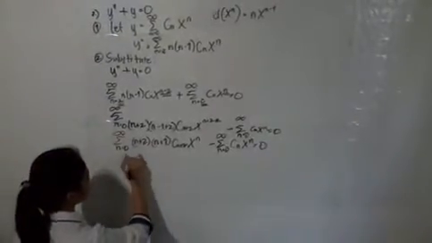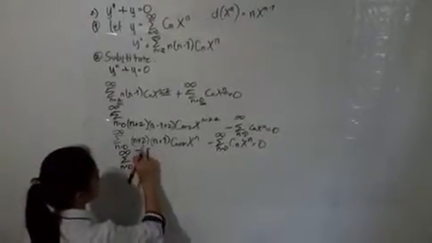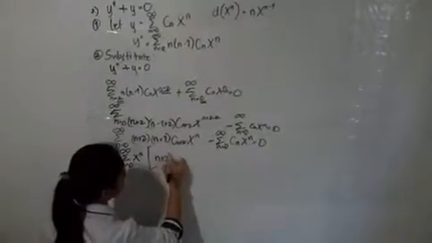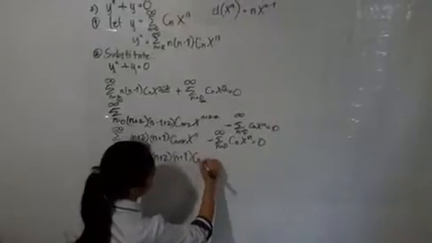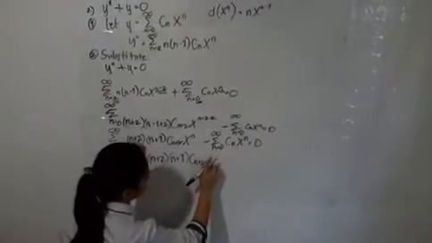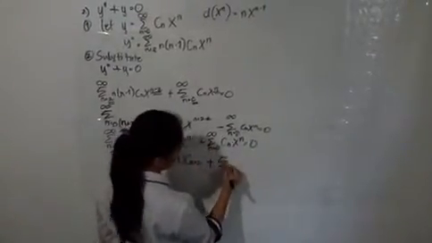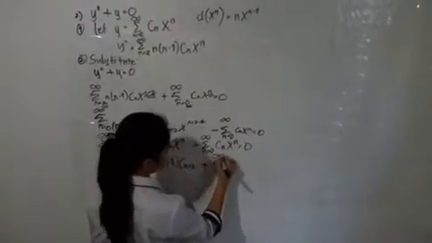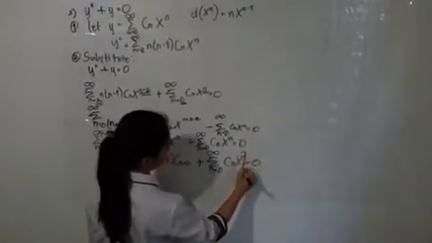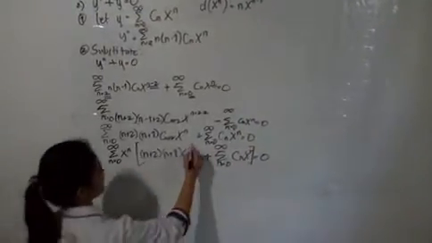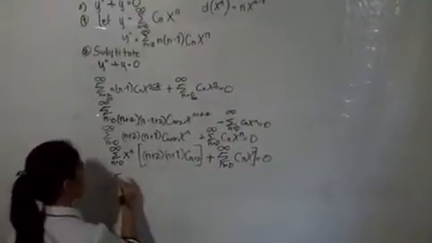N is equal to 0, n plus 2, n plus 1, c sub n plus 2, plus summation of n is equal to 0, cn x raised to n is equal to 0. Now, notice this and this is similar.